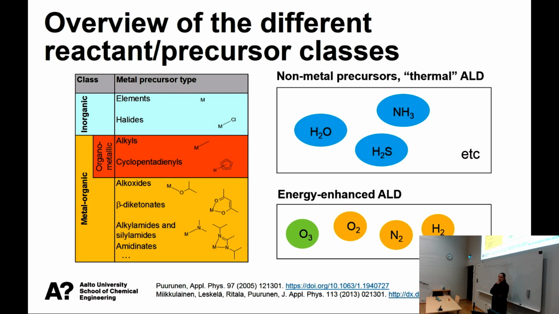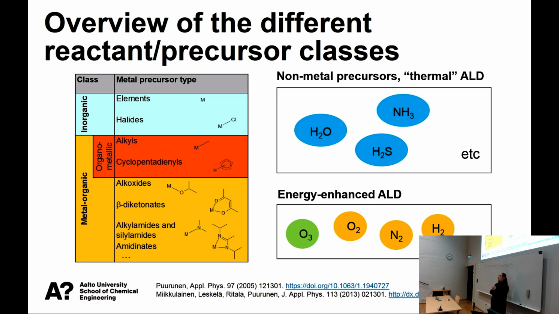Then there are also so-called energy-enhanced variants of ALD. For example, some metal reactants, metal compounds, don't react with water, so those would not be compatible to make an ALD process, but they may react with ozone, which is more reactive. And then there are plasma-enhanced processes where molecular gases like oxygen, nitrogen, hydrogen are transformed into plasma in the gas phase, and these again are able to remove the ligands of some metals.